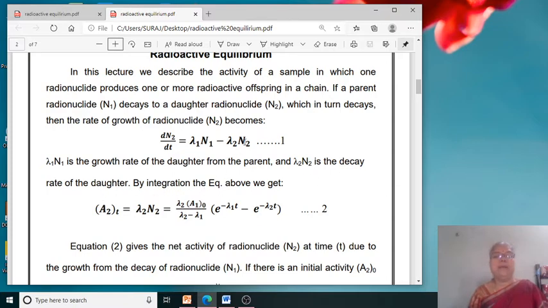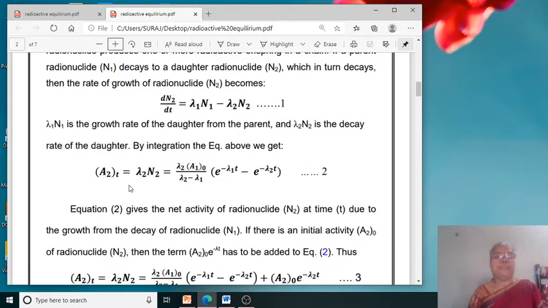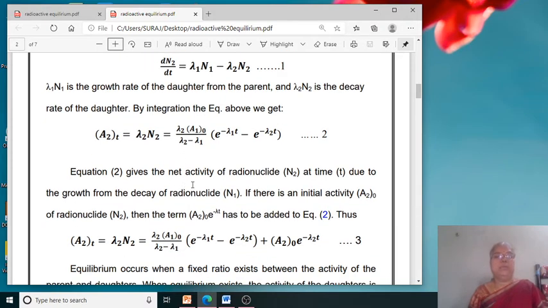By integrating the above equation, we get this equation: A2 equals lambda 2 in brackets A1 upon lambda 2 minus lambda 1, times e raised to minus lambda 1 t minus e raised to minus lambda 2 t. This equation 2 gives the net activity of nuclide 2 at time t due to growth from the decay of nuclide N1.